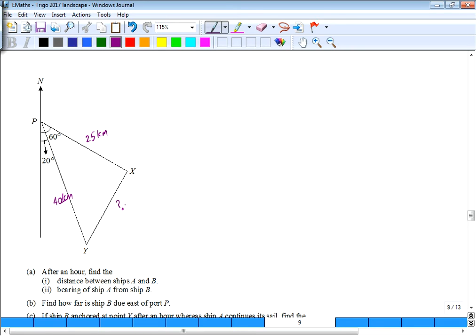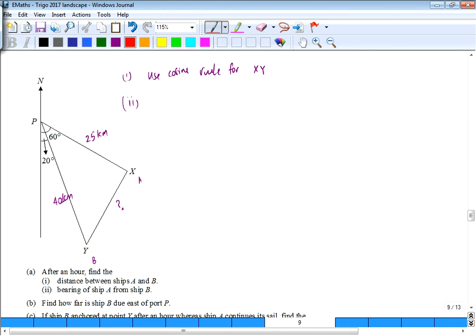That means we want to find this. I can already, because you can use your cosine rule. Okay? Use cosine rule for XY. Part B, the bearing of A from B. So A is over here. B is here.